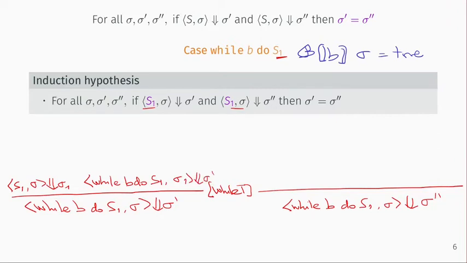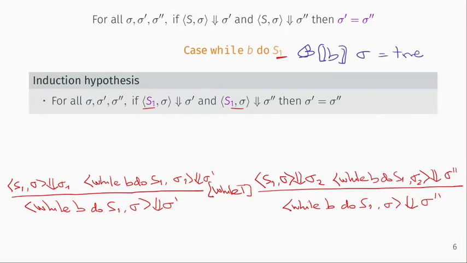At the right hand side we'll have something very similar. We first execute S1 under sigma, and that means that there is an intermediate state, let's call it sigma 2, and from now on we have while b do S1 sigma 2, which leads to sigma second.